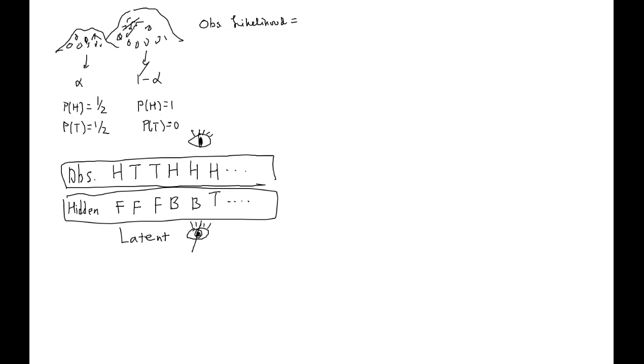Okay, so the observed likelihood would be the following. What's the chance of getting a head? If you don't know the labels, you don't know whether the coin is biased or not, the probability of getting a head will be the sum of a head from the biased coin and a head from the fair coin.